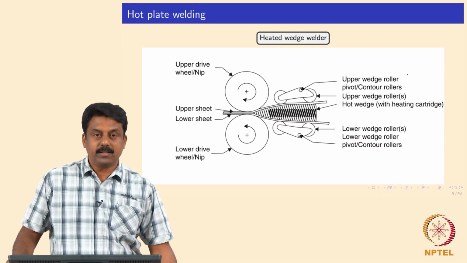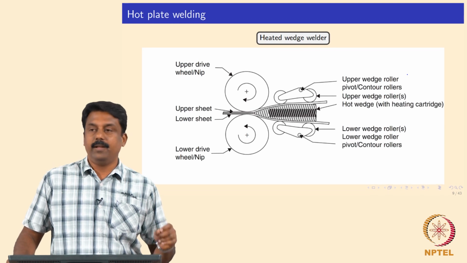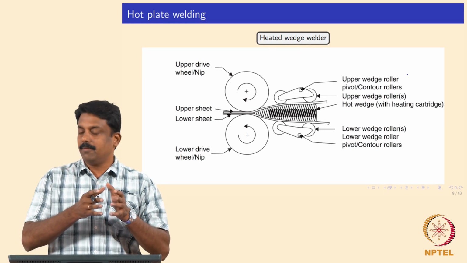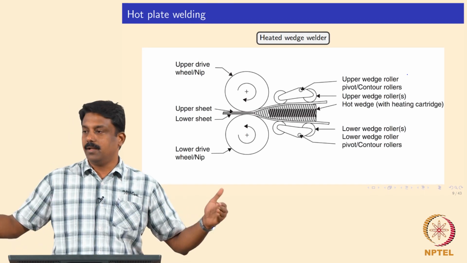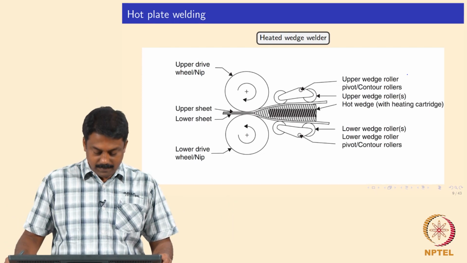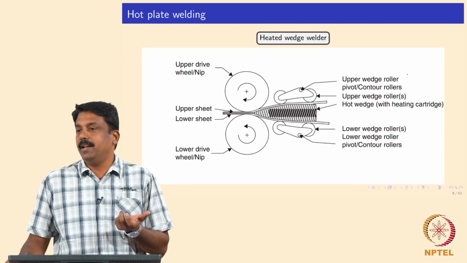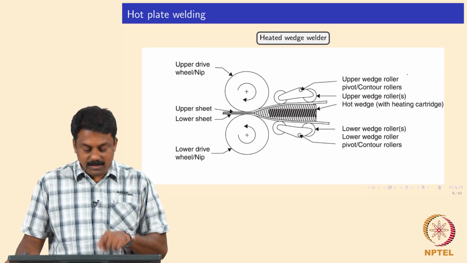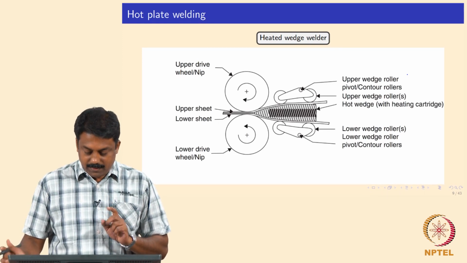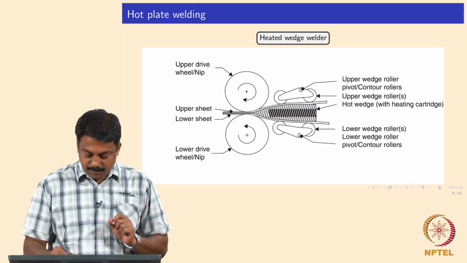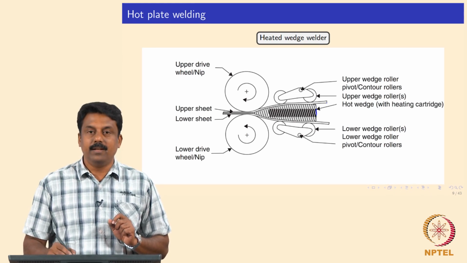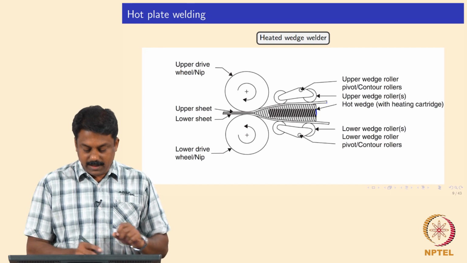There are some modifications of the process, especially when the joining has to be done over long seam positions, so we also modify the heating tool. For example, in this case the wedge heater is placed at the interface between the two joints to be made. This is like long seam welding.